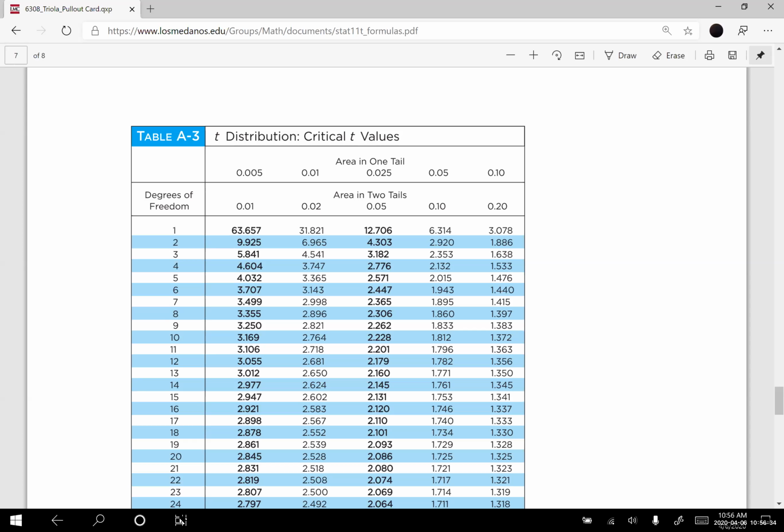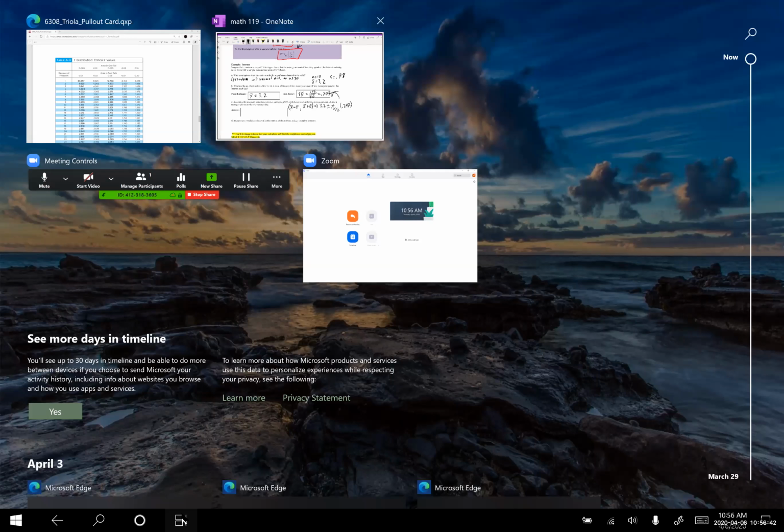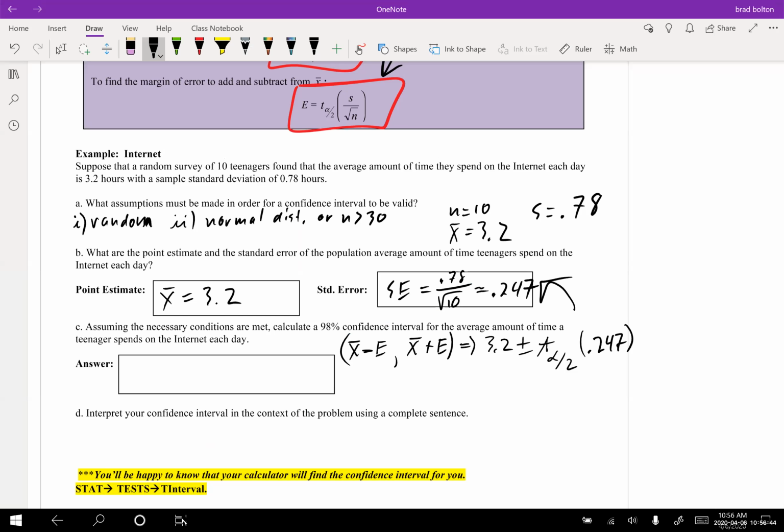So I'm going to go over here and do 3.2 plus or minus 2.821 times 0.247.